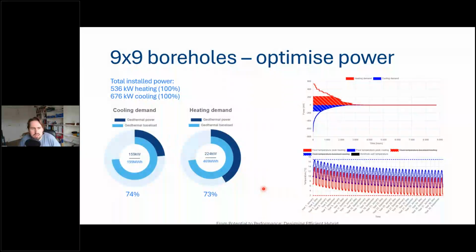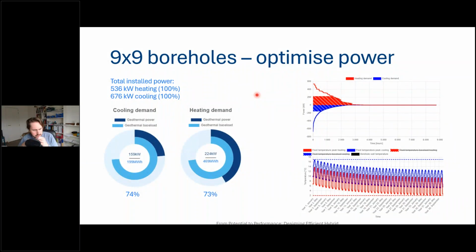So not much has changed there. Our total installed power is still the same, but we dropped from 78% to 74 and 73%. Still staying between the limits, but here also in the load duration curve, it was that the geothermal power was lowered a little bit.